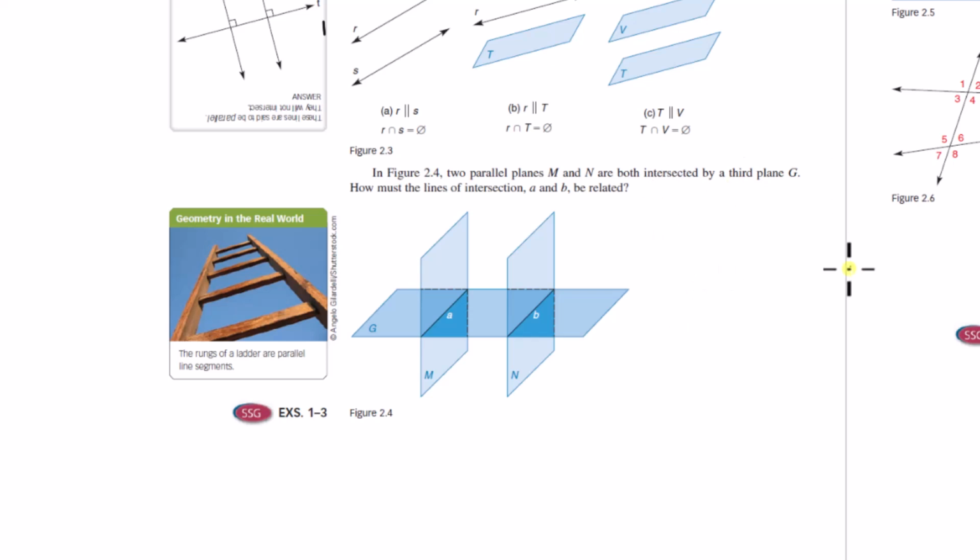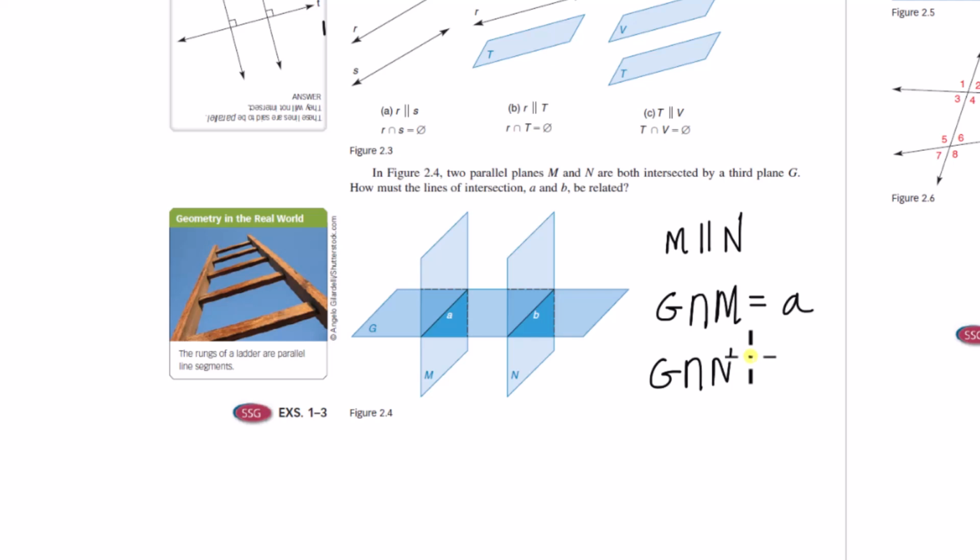They give us that plane M is parallel to plane N. Now we would say that the intersection of G with M is equal to line A, and the intersection of G with N is equal to line B.